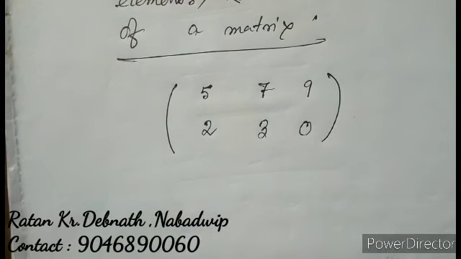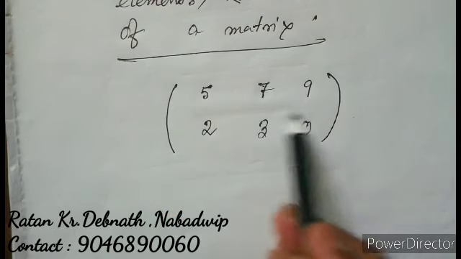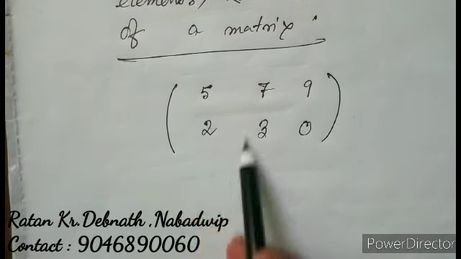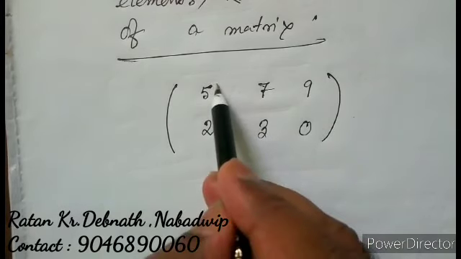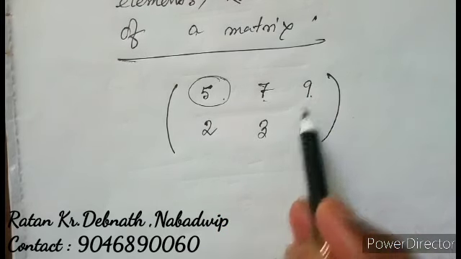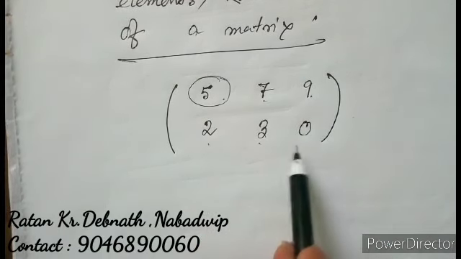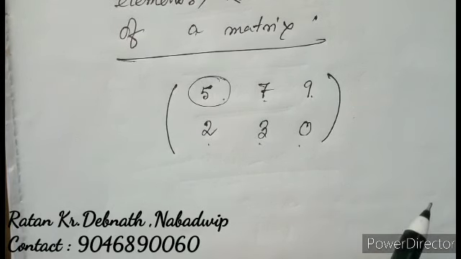This matrix is formed by 6 elements: 5, 7, 9, 2, 3 and 0. So these numbers are known as the elements of this matrix.